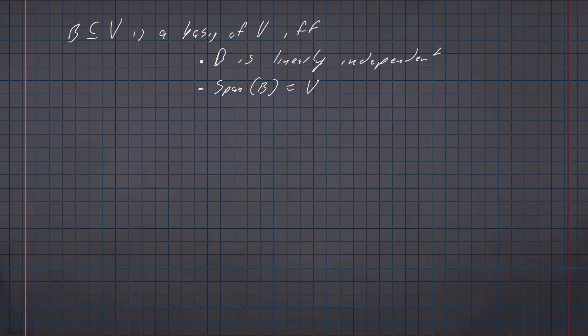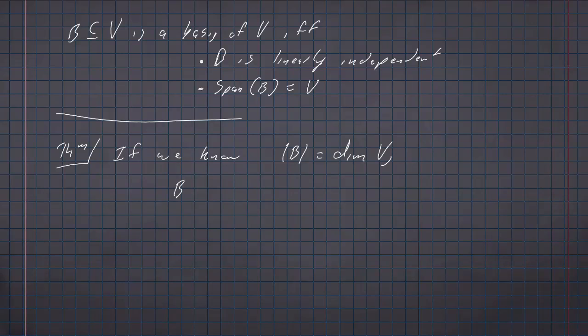If we know that the cardinality of our set is the dimension of the vector space, then either one of those will imply the other.